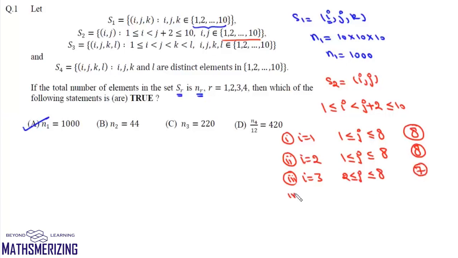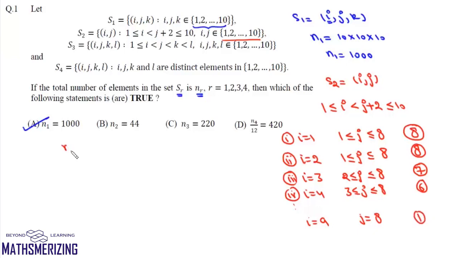In the same way, if i is 4, j will start from 3 and go up to 8, and here we'll have 6 choices. And finally, when the value of i is 9, in that case j is greater than 7, so the only value possible for j is 8, and then we have one case.